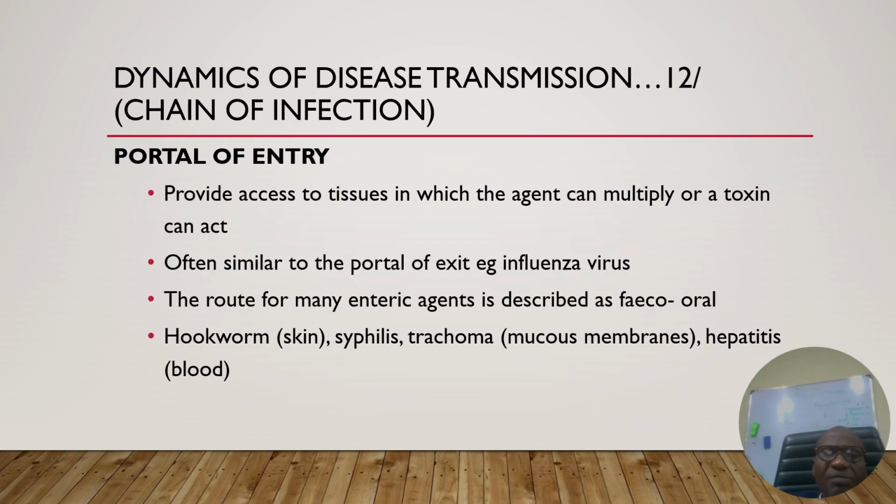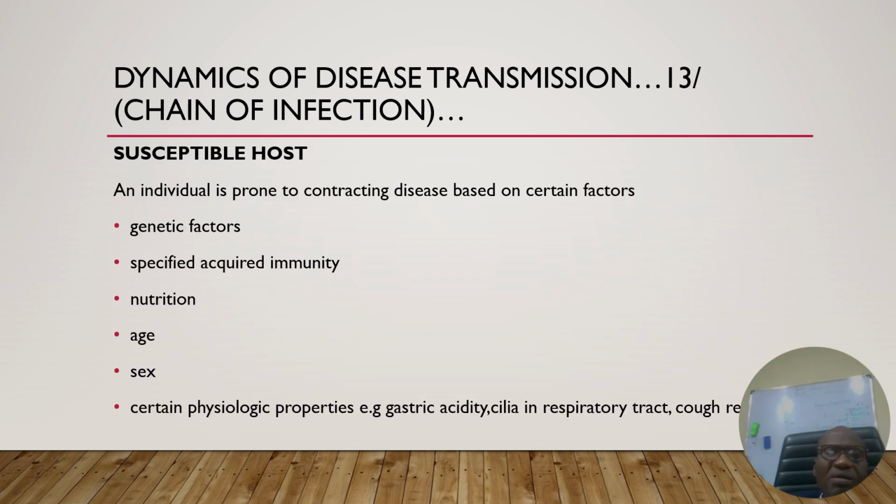Portal of entry provides access to tissues in which the agent can multiply or a poison can act. These are presented as shown in this slide. We can look them up later. A susceptible host is an individual that's prone to contracting disease based on certain factors. This could be genetic, which makes some people susceptible.